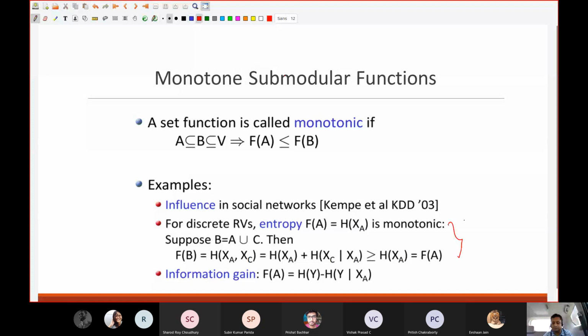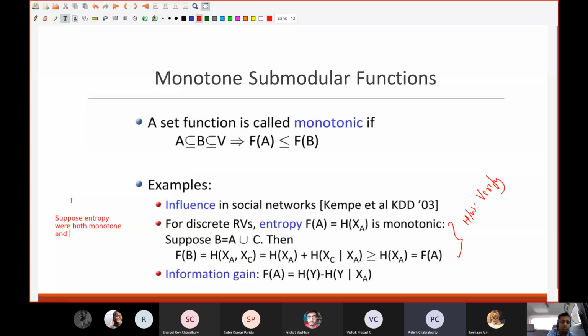Now, the question I have is, it looks like entropy is monotone and possibly entropy is also submodular. Does that prove that every monotone function is submodular? That would be a very sweeping statement. I don't think that would be true.